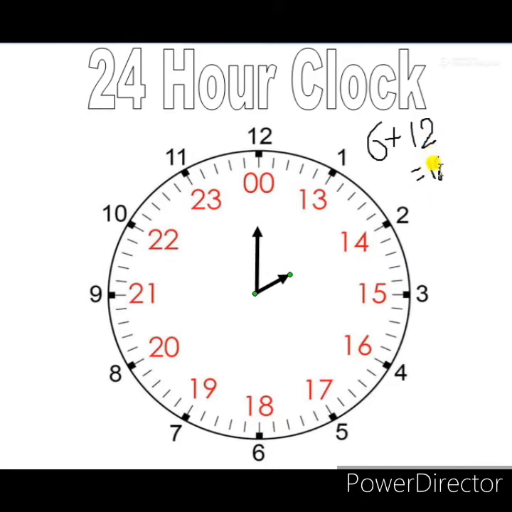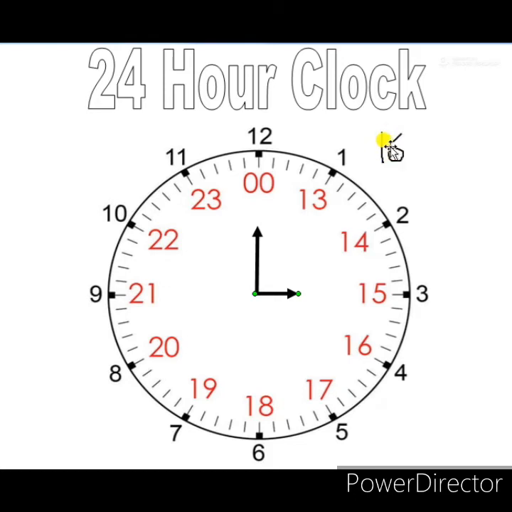There is another way also. If you want to find the 12-hour clock time from the 24-hour clock, you need to subtract 12 hours from the 24-hour clock time. I will show you an example. Suppose the time given is 16 hour. To find the time in the 12-hour clock, you have to subtract 12 hours from 16. 16 minus 12 equals 4.